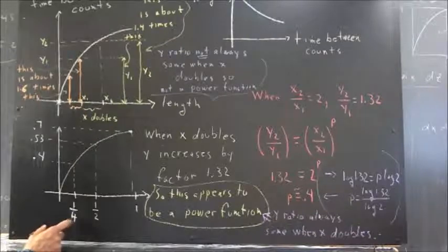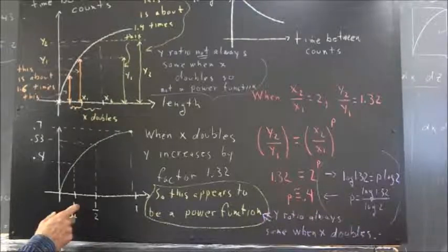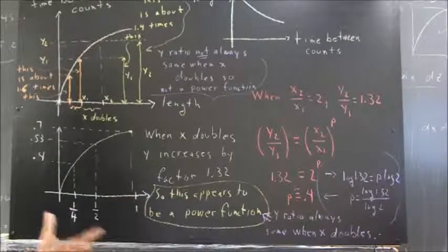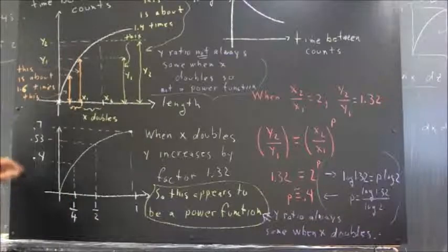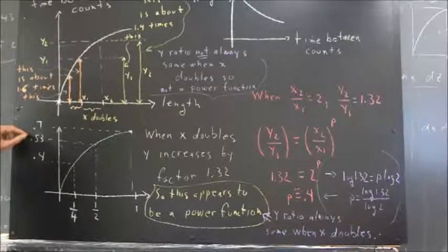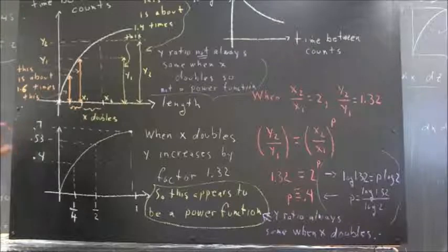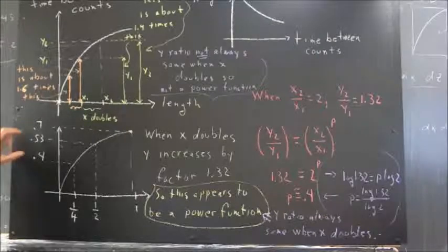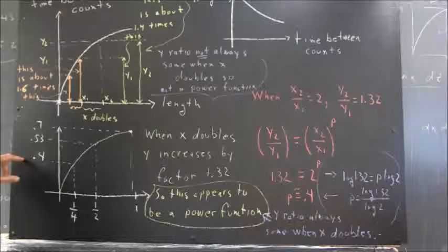Between length 1/4 and 1/2, the x value has doubled, and the y value has increased from 0.4 to 0.53. The factor of that increase is 0.53 over 0.4, which is 1.35.